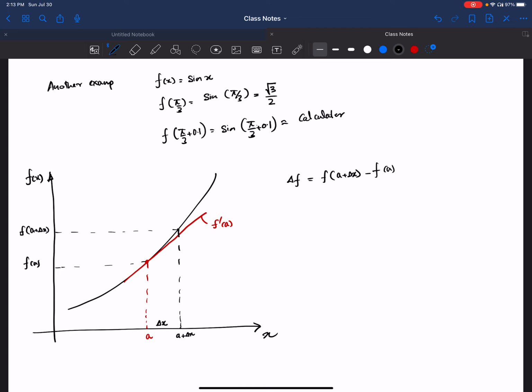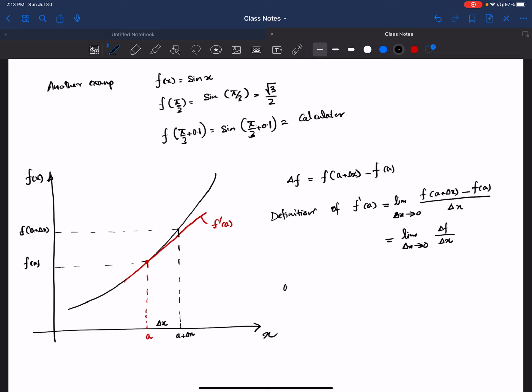And by the definition of f prime a, I can write limit delta x going to 0 of f of a plus delta x minus f of a divided by delta x, which is again limit delta x going to 0 of delta f over delta x.